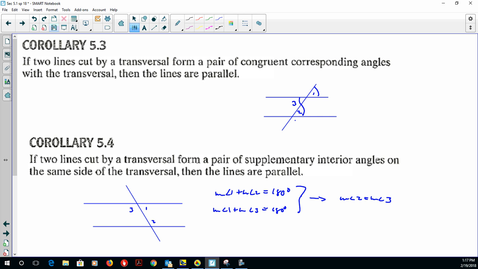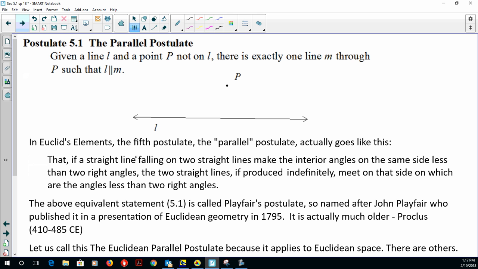Well, we don't really write Euclid's fifth postulate down anymore. The statement above is the one that most everybody uses. It's called Playfair's postulate, named after John Playfair, who published it in a presentation of Euclidean geometry in 1795. However, it dates back to about 400 something AD, or Common Era.